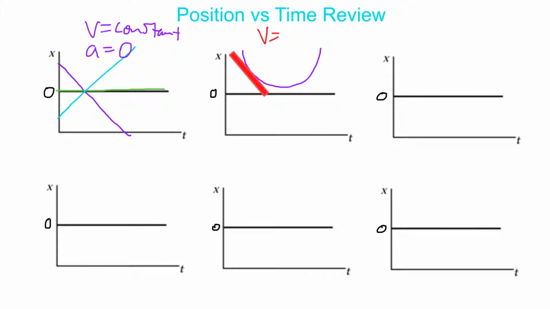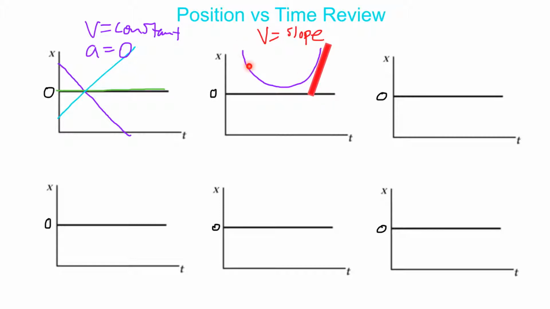Remember, the velocity is the slope on a position versus time graph. So we start out with this negative slope, and then as we move around the graph, we get a velocity that is 0, and then it starts increasing as we get to the far side of the graph. So the velocity got less and less negative, then it was 0, and then it got more and more positive.